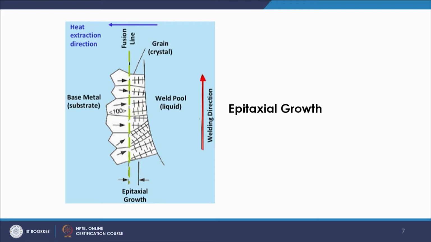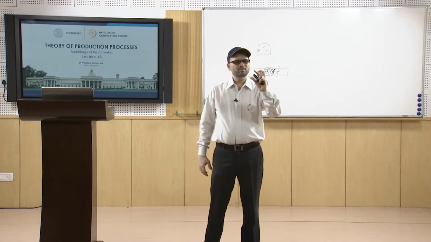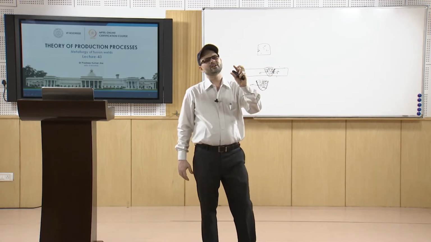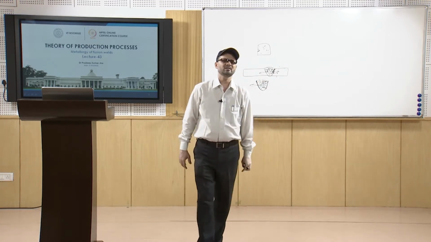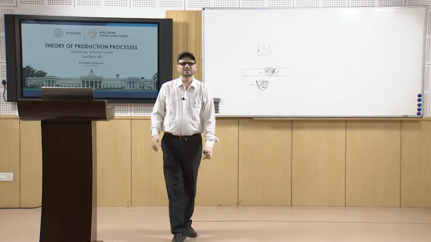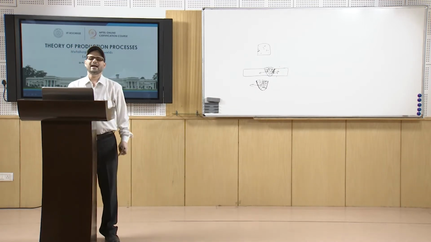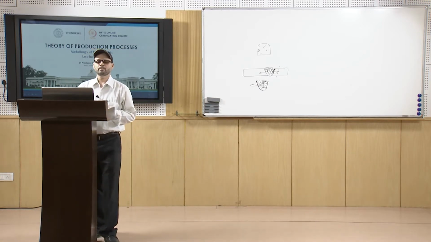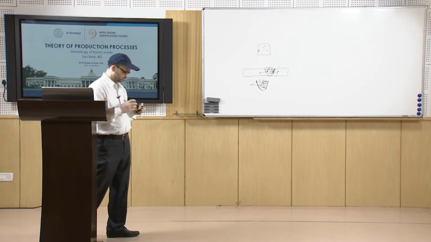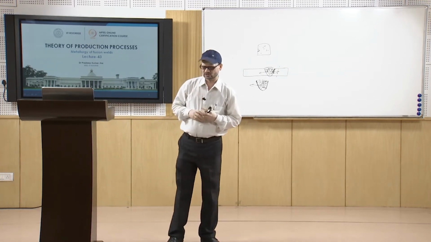So, when the growth of the grain is from a partially melted grain which is already available on the parent metal part, it is known as epitaxial grain growth. And this is a typical characteristic of the welding process.